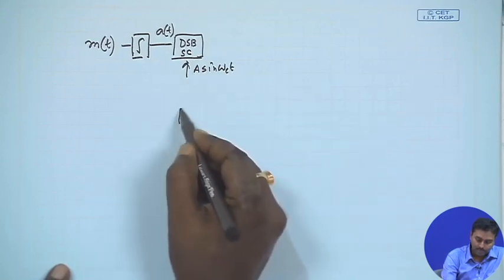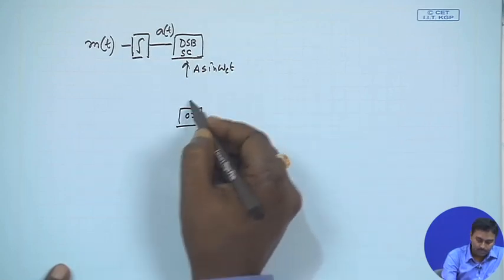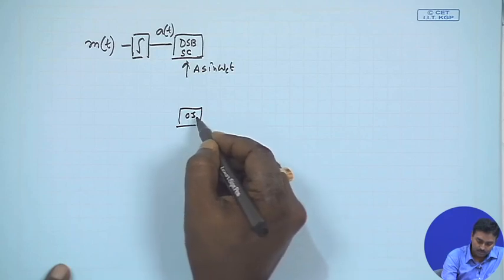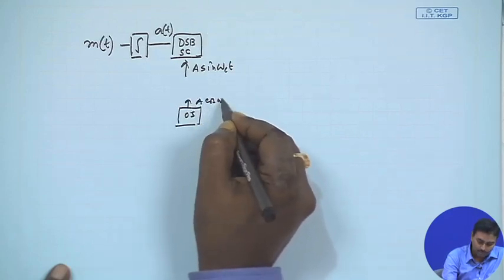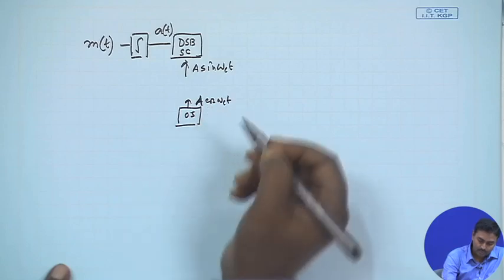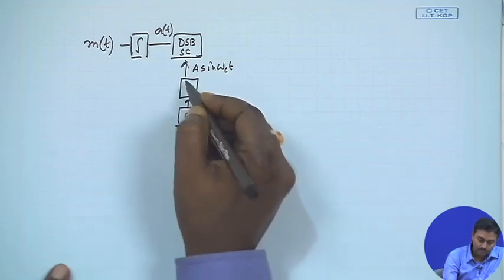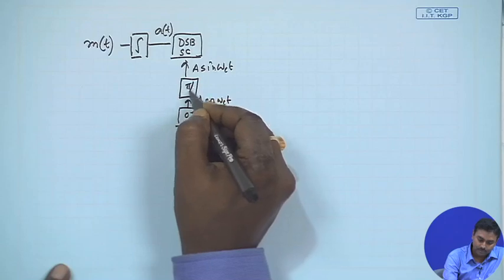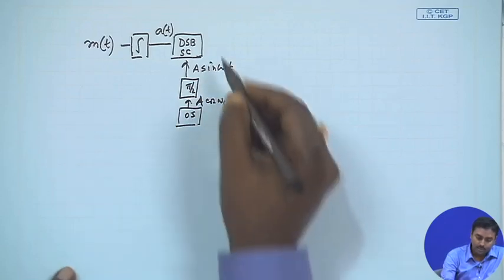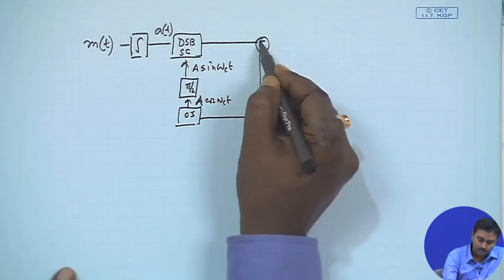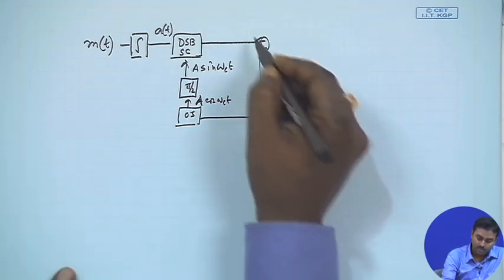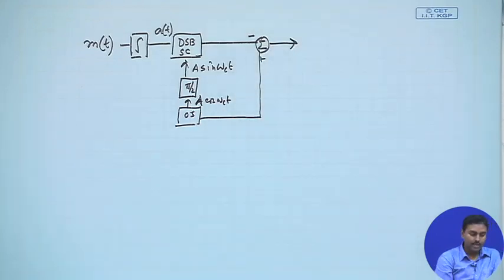Basically we have an oscillator generating cos omega c t, and we give it a pi by 2 phase shift to get sine, and then this has to be added. So, plus this and minus this, what you get is narrowband FM.